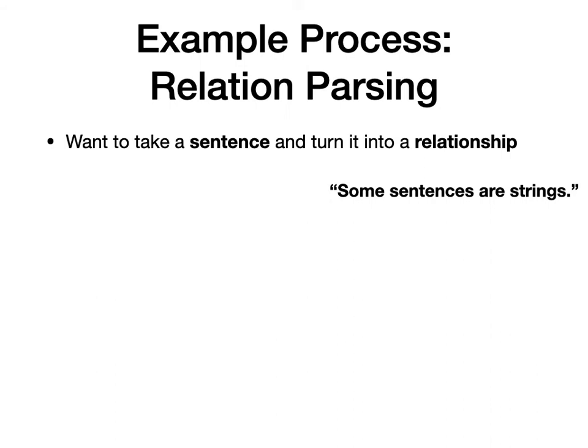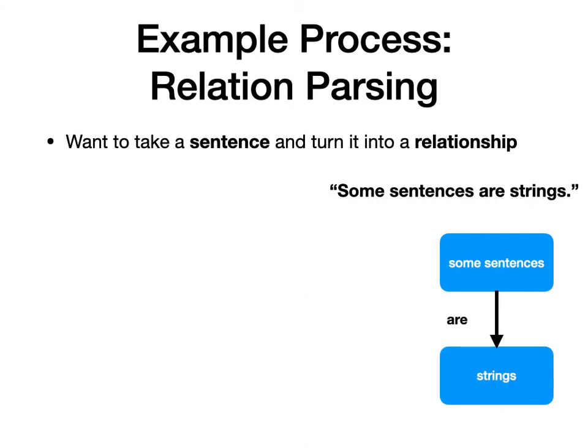So for example, the object being some sentences, the relation being are, this one directional thing, strings being the subject, right? So this is natural language in a sentence that may be converted into this other structure. It's a structure that implies some kind of knowledge about the world. If I know that some sentences are strings, then I can use that. That can be useful. That's a better form for general knowledge, right?